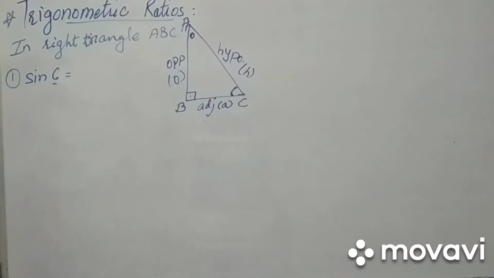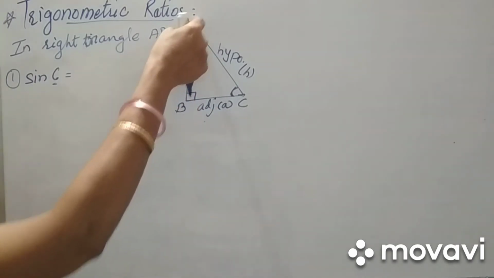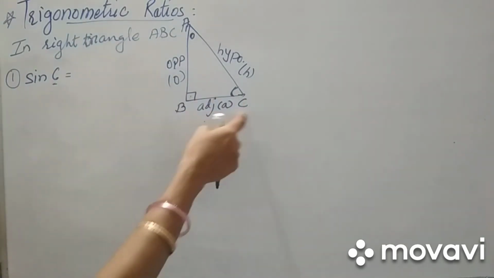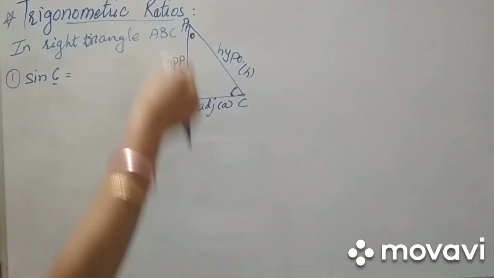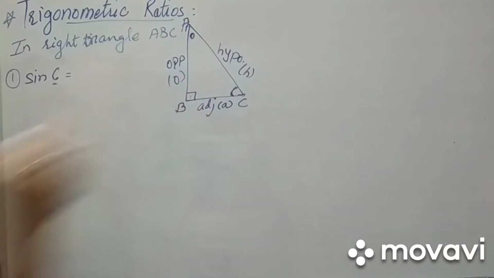Now, are you getting it? That it is going to change according to the angle. For angle C, BC is my adjacent, but same BC will become opposite for angle A.